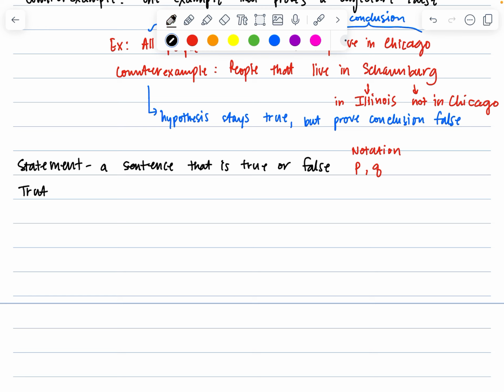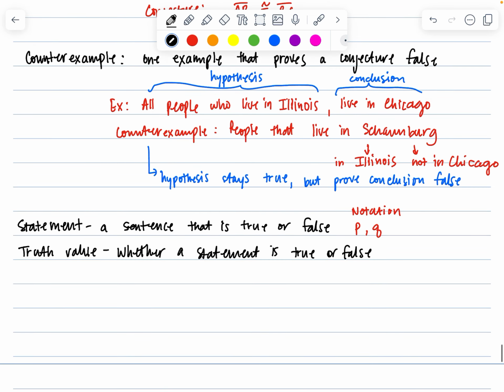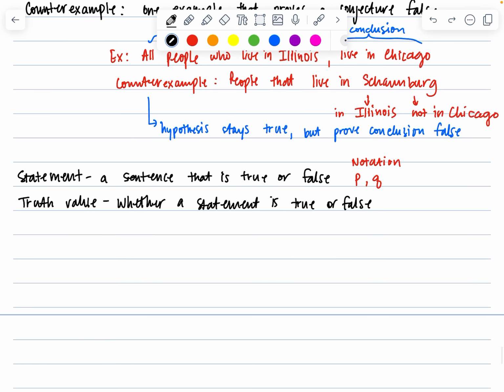Is something true or is something false? Truth value is whether a statement is true or false. So we could have statements that we determine are true or false. We say the truth value of this statement is true, or the truth value of this statement is false. For instance, in this last example, here's our statement. We proved it to be false. The truth value is false because we had a counterexample to it.